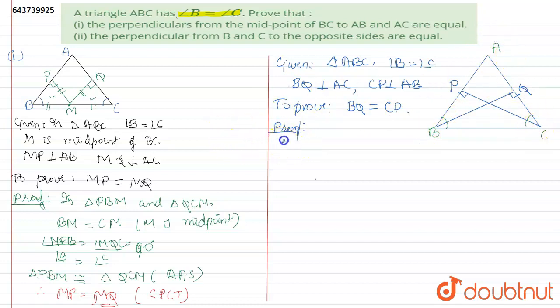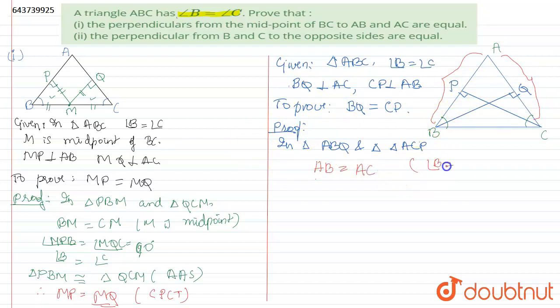So first we will take the triangles, triangle ABQ and triangle ACP. The side AB and side AC are equal because angle B is equal to angle C. It is an isosceles triangle. So we can write AB is equal to AC.